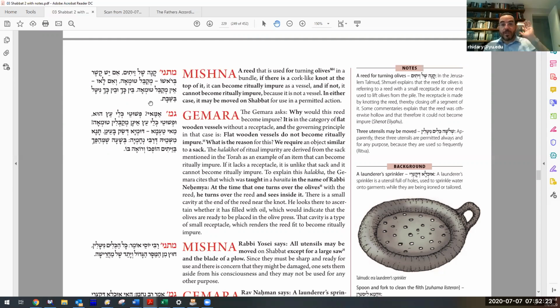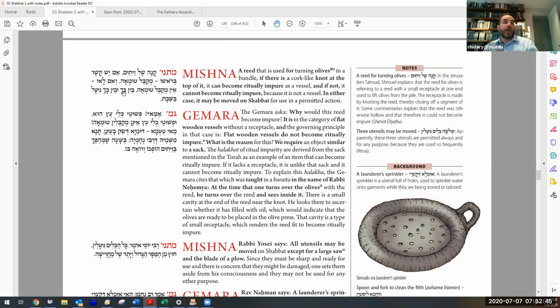However, regarding Shabbat, you can use this on Shabbat if you need it, if you need to use it for a heter purpose. So you see, this is interesting because this is a case where the Mishnah says there is a difference between the two categories, and the category of Tumah in this case is actually more machmir, that you're considering it a utensil only if it has a knot on it.